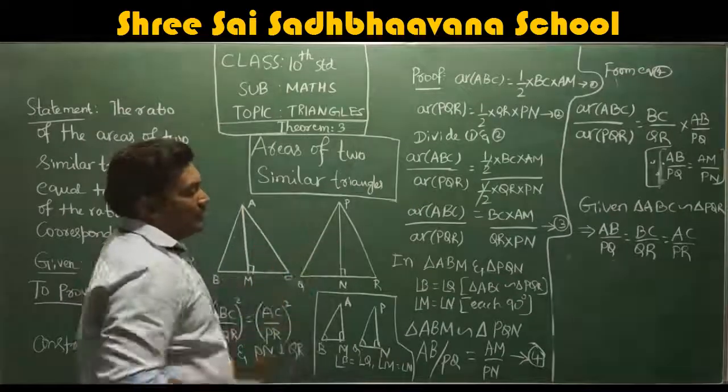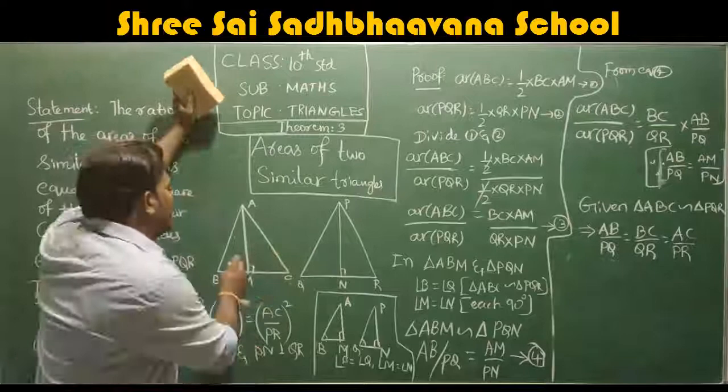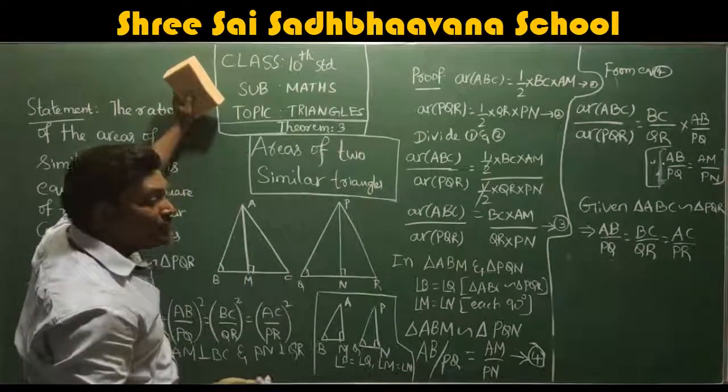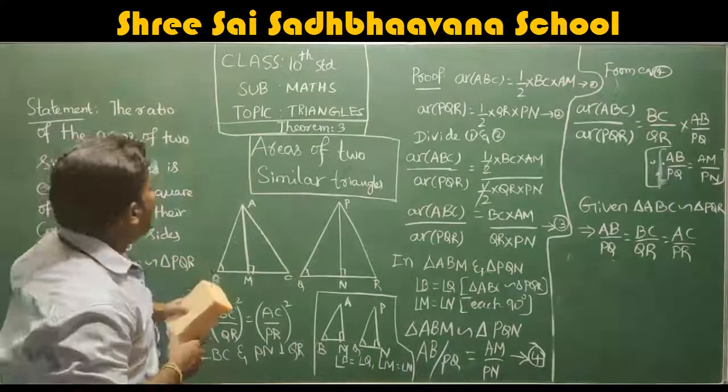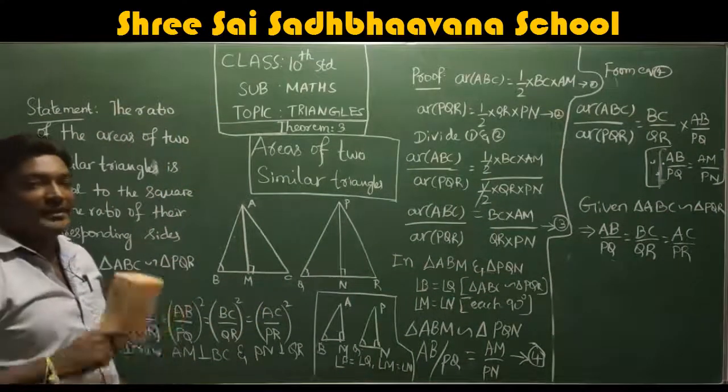After that comes a very important part. We are considering these two triangles, ABM and PQN. Here angle B and angle Q are equal. Why are these two angles equal? It is given that triangle ABC and triangle PQR are similar triangles.